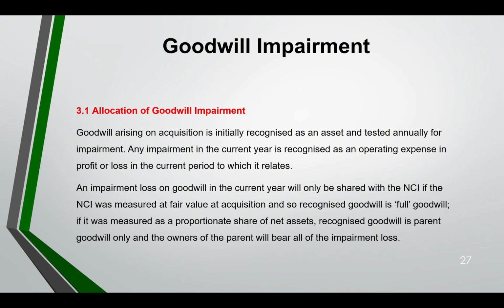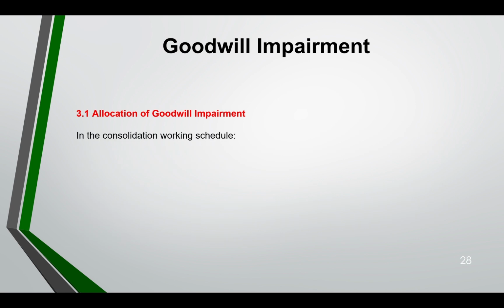And it will only be allocated to NCI if NCI is measured at fair value, which is known as the full goodwill method. Otherwise, if you are measuring NCI using proportionate share of net assets, then any goodwill impairment will be borne by the parent only.